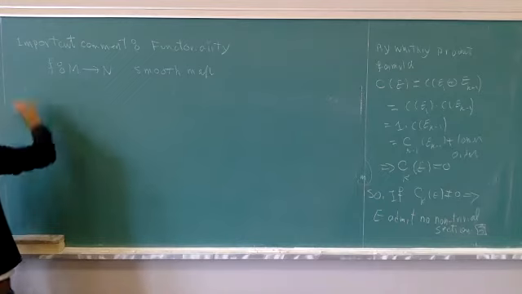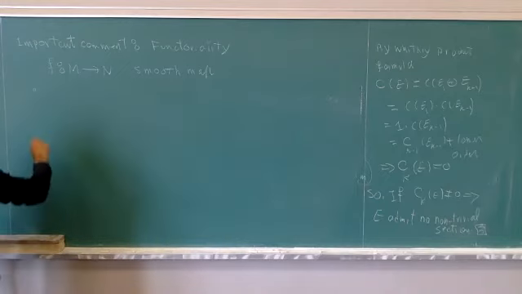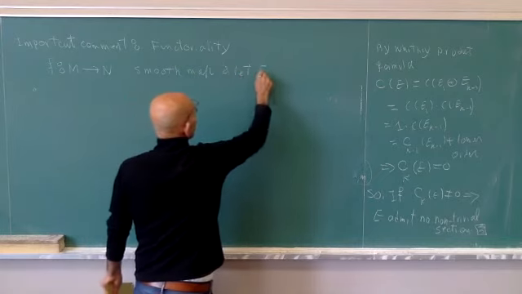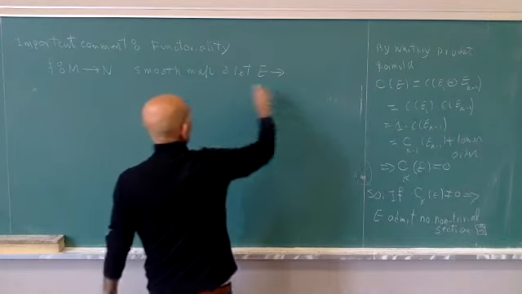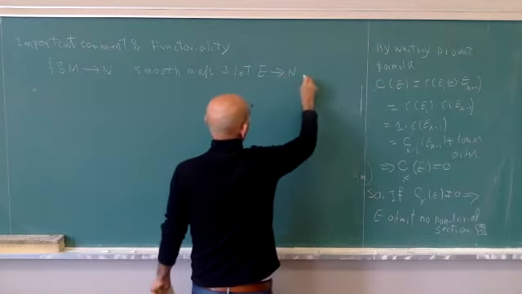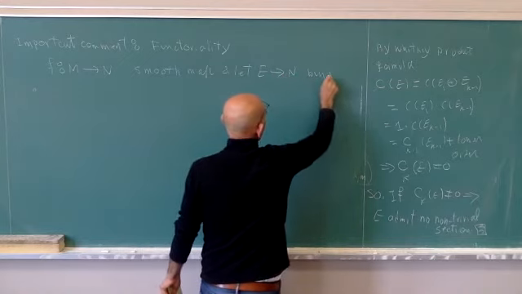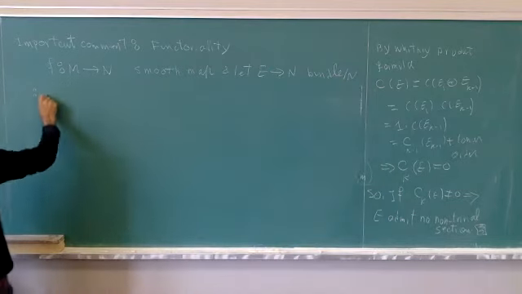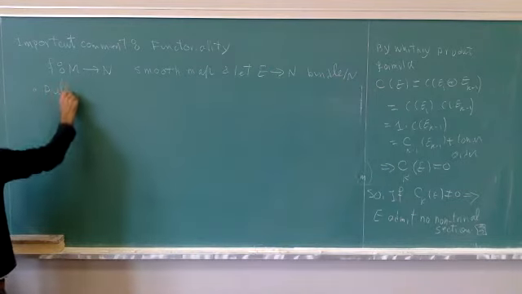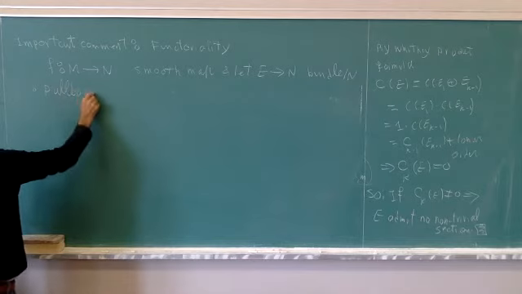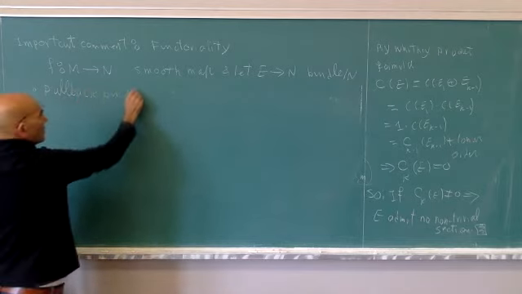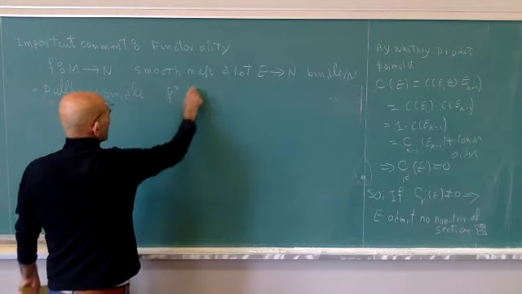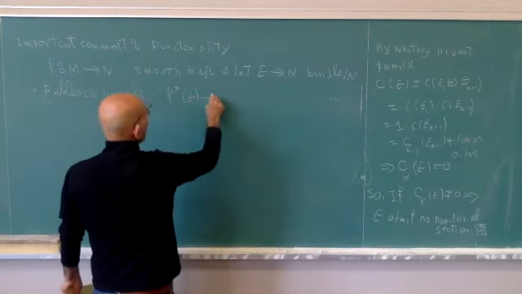First of all, you can do a construction called pullback bundle. Given E over N, a smooth bundle, there is this construction called pullback bundle. This is called f star of E, and this is over N.